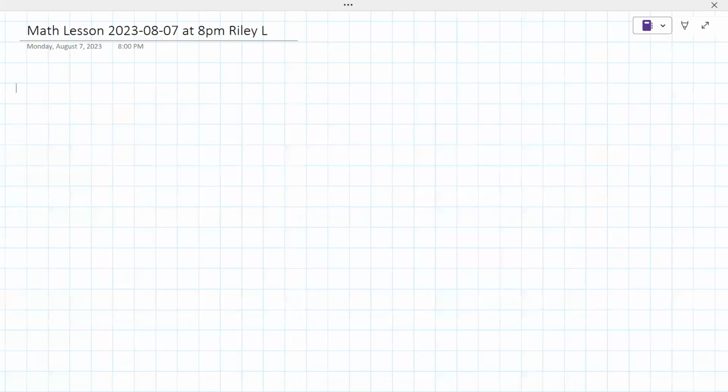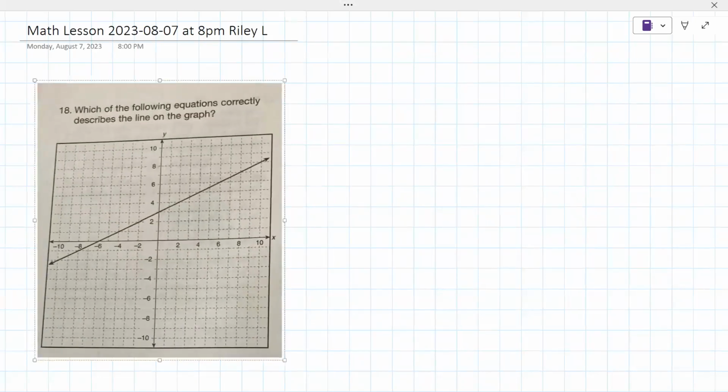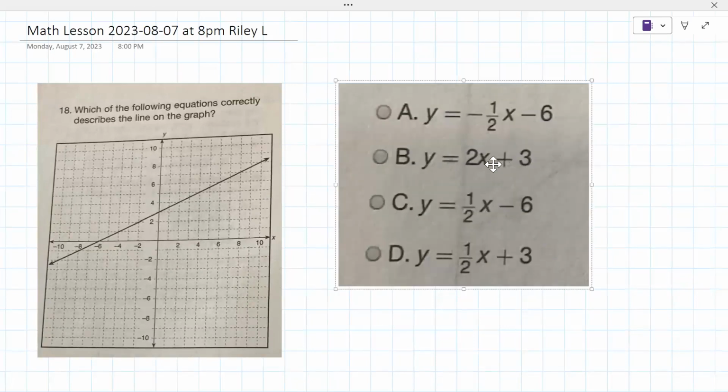So the graphing problem here, it's always important to look at the answers first in a lot of these to see if you notice anything, and you do in this case. I call it the strategy of looking for what's the same and what's different. What's the same? Well, they'll have a y.